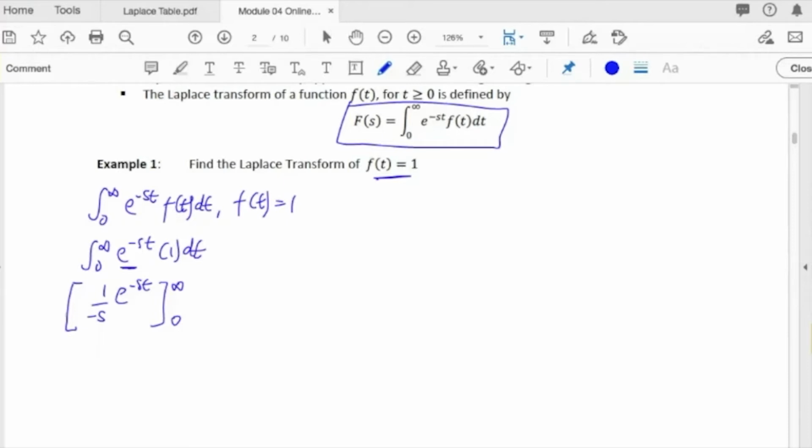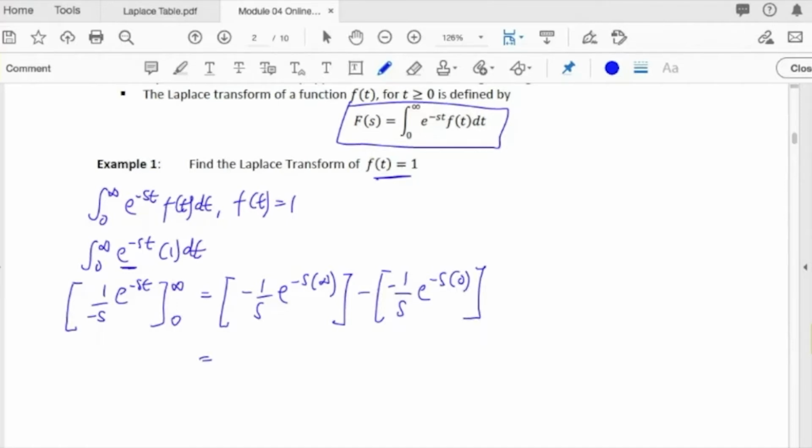So you put in 0 and infinity inside this bracket, and it will be equal to negative 1 over s e to the negative s infinity, minus negative 1 over s e to the negative s 0.